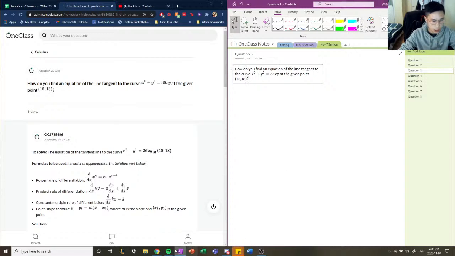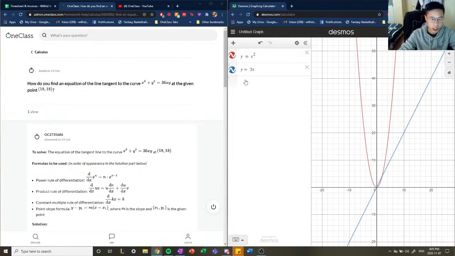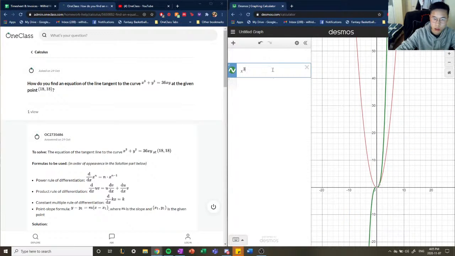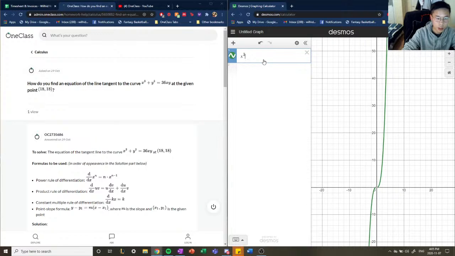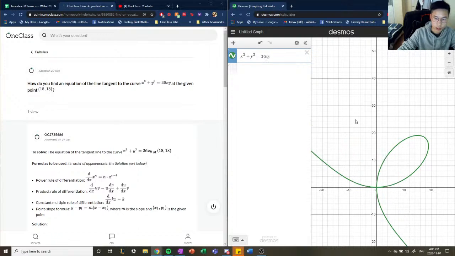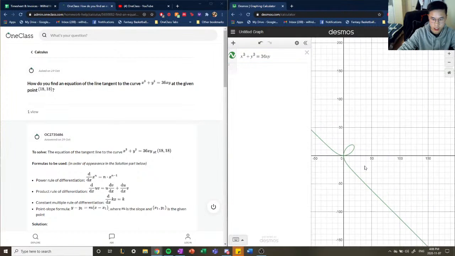I can graph it for you if you would like to visualize it. So x cubed plus y cubed equals 36xy. This graph looks like this.